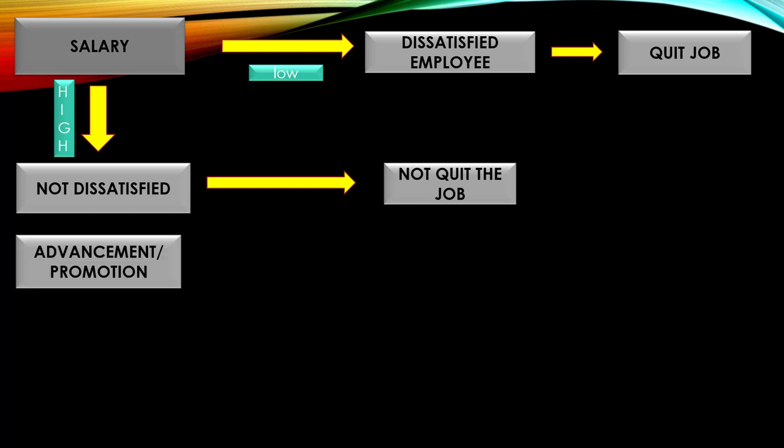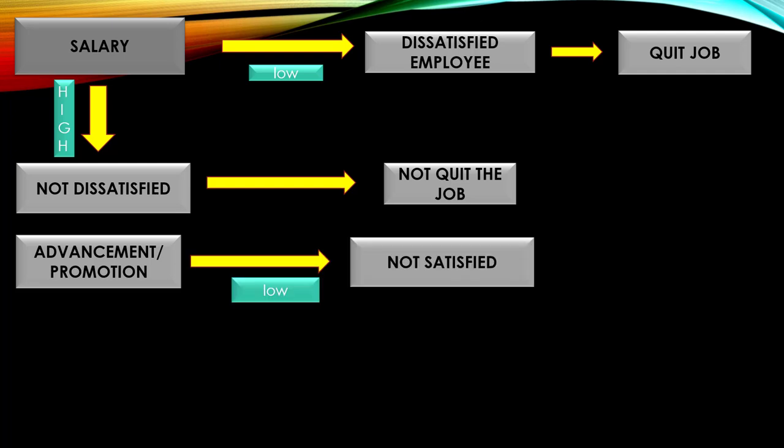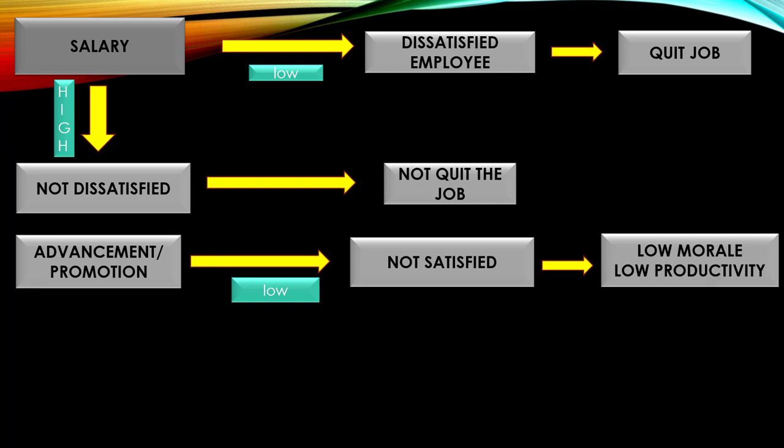Now let's take another factor, which is advancement or promotion of an employee in the organization. When the chances of advancement or promotion are less in the organization, then the employee will not be satisfied, which will result in low morale and low productivity.